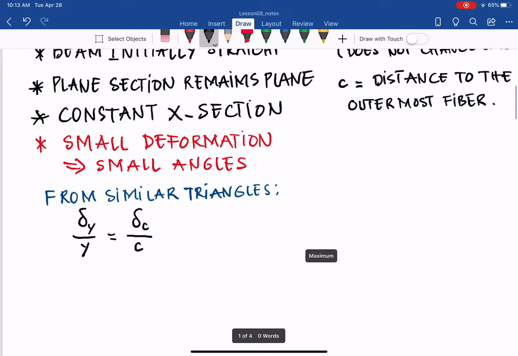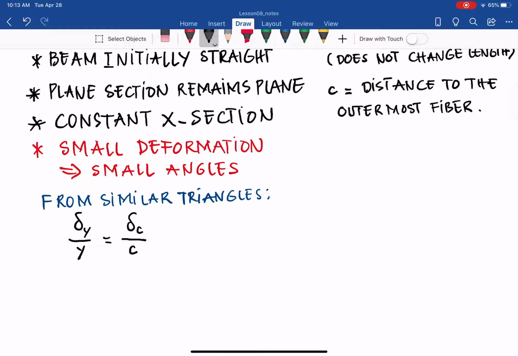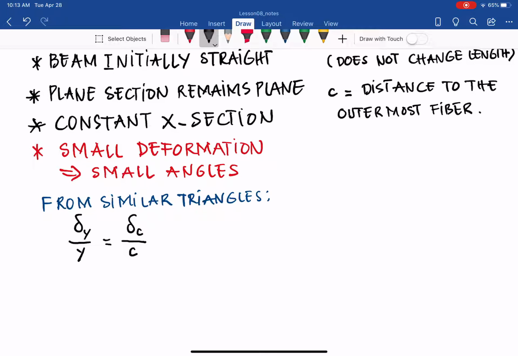And with that, what do we have? We have a few transformations. First, recall in terms of normal strain.